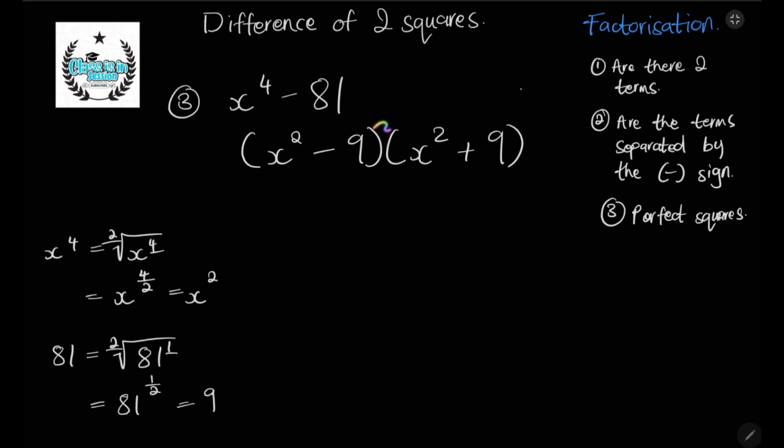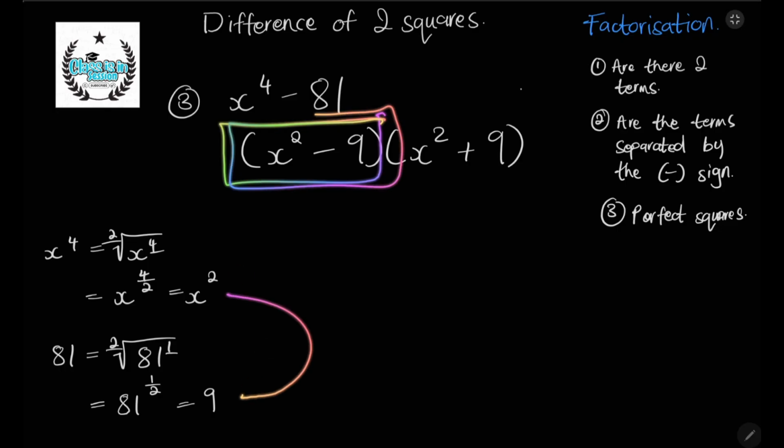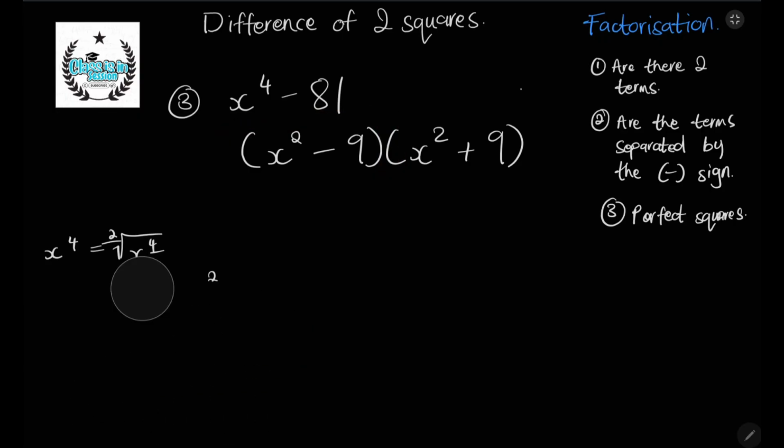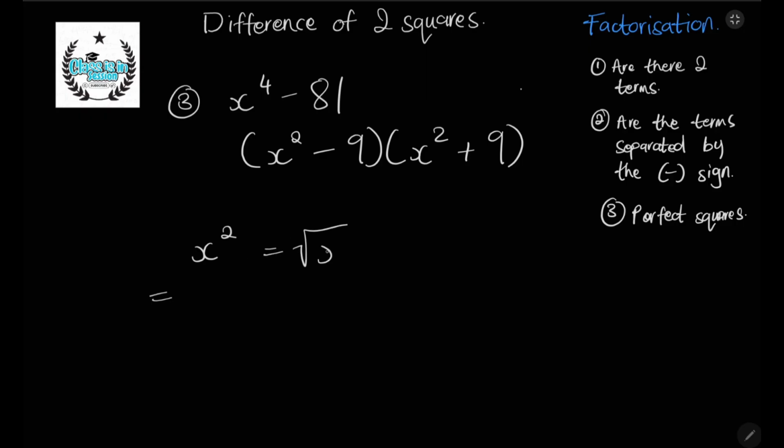So are we done factorizing? We have x squared minus 9 and x squared plus 9. No, because you also have a difference of 2 squares there. So we can factorize further. We take the same steps. This time we're solving for this bracket. So always make sure that you factorize until you can't factorize anymore. Let me do this underneath. We have x squared. Put it in the square root. X squared, that's an invisible 2.